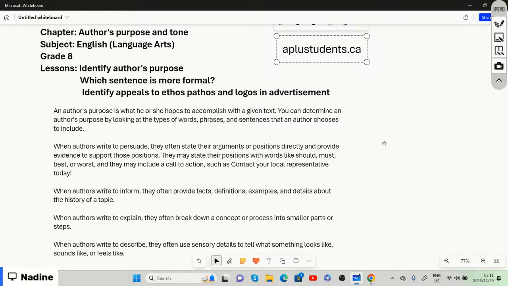When authors write to explain, they often break down a concept or process into smaller parts or smaller steps. And when authors write to describe, they often use sensory details to tell what something looks like, what it sounds like, or what it feels like.